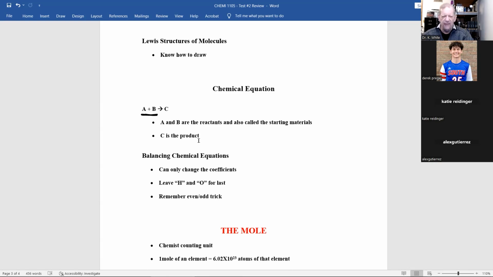At the head of the arrow is always called the product. And you should know this. Now, because of the law of conservation of mass or matter, you never create or destroy atoms. So in a chemical equation, you always have the same number and same type of atoms on the reactant side as the product.